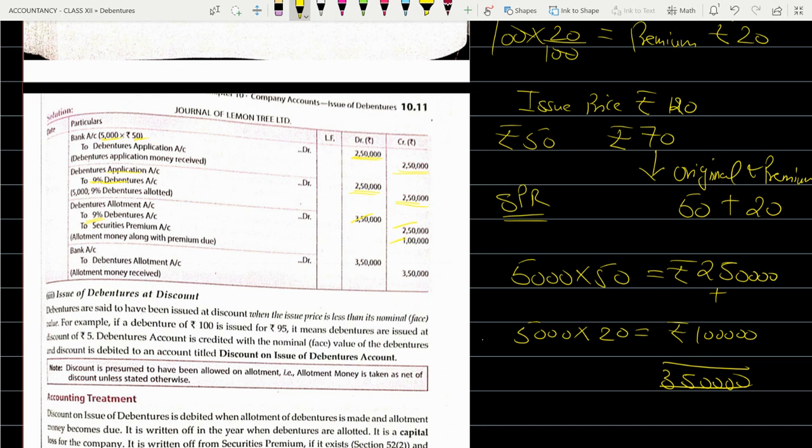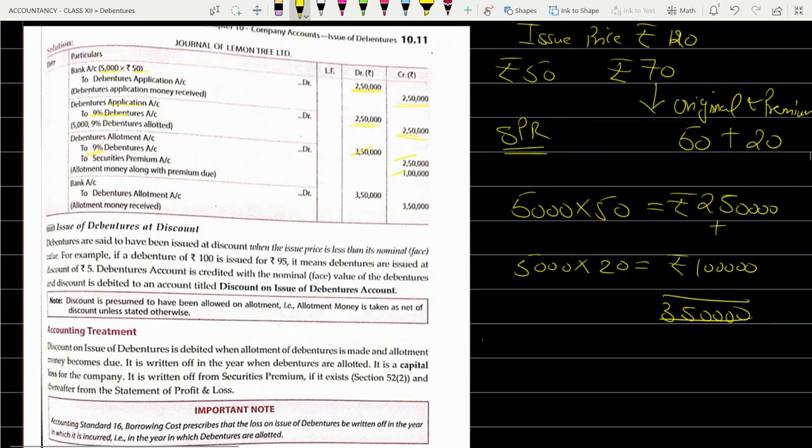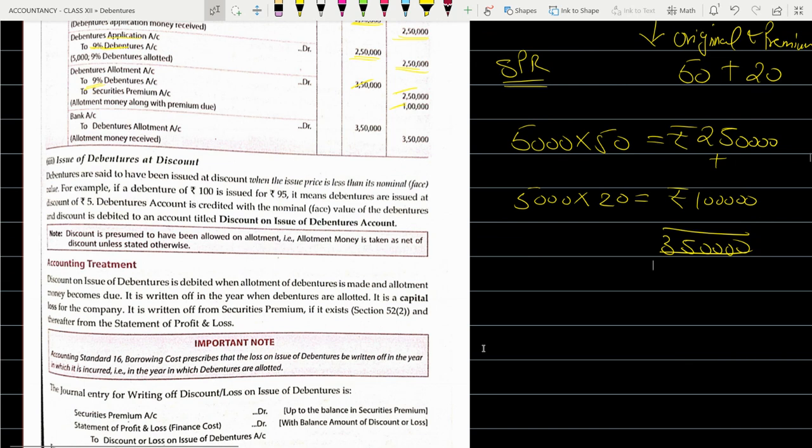Any doubts? Okay. Now let us move on to the next segment, that is issuing the debentures at a discount. Remember, the shares can be initially issued at par and premium, but later it can be reissued at discount, premium, par. But when it comes to debentures, it can't be reissued. It can be issued at par, premium, or at a discount.